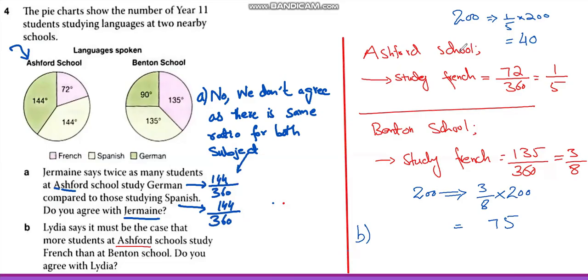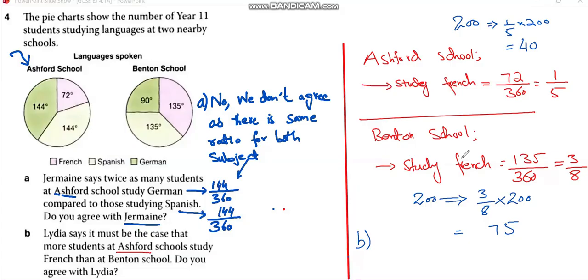If we assume there are 200 students in total and 1/5 study French, then definitely 40 students will be studying French. But on the other hand, if we suppose 50 students in Benton School, then 3/8 of 50 will be much less than 40. In that case, definitely the French students in Ashford School will be more than Benton School, but definitely this is not true for all cases.